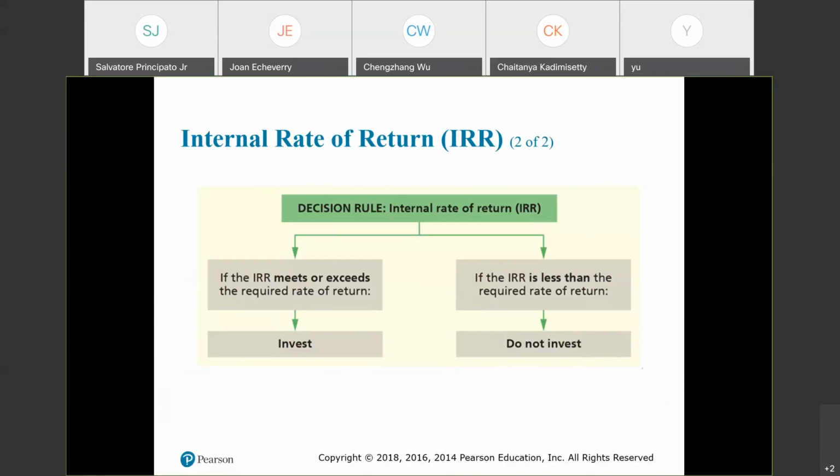So our decision is to accept this investment. Here is a summary. If the IRR meets or exceeds the required rate of return, we invest in this project. Otherwise, we do not invest in this project.